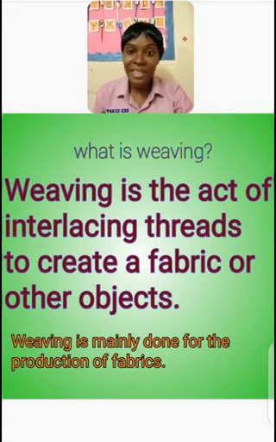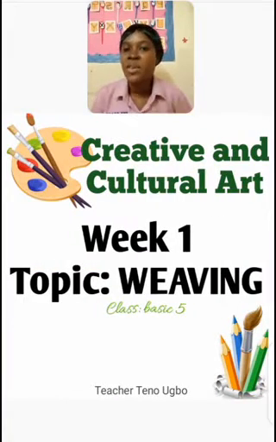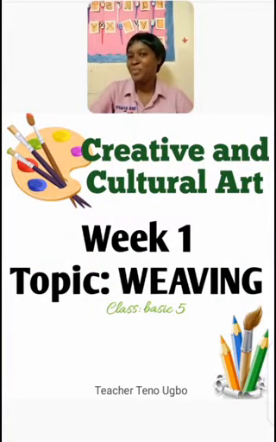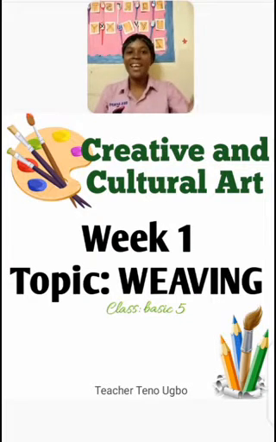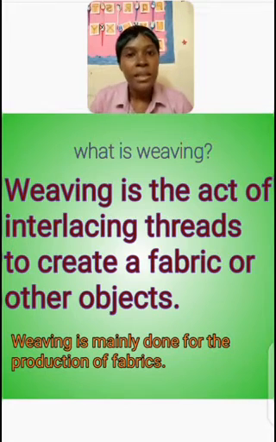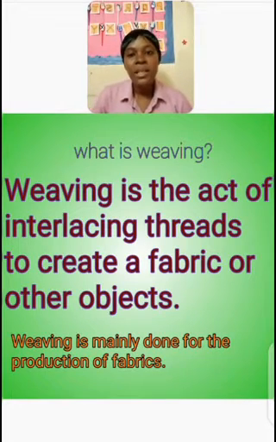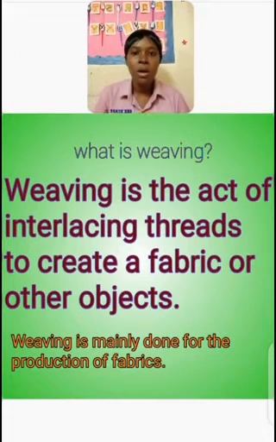Okay, so I want you to tell me now, what is weaving? Okay, you are correct. So let's go again. What is weaving? Weaving is the act of interlacing threads to create a fabric or other objects.